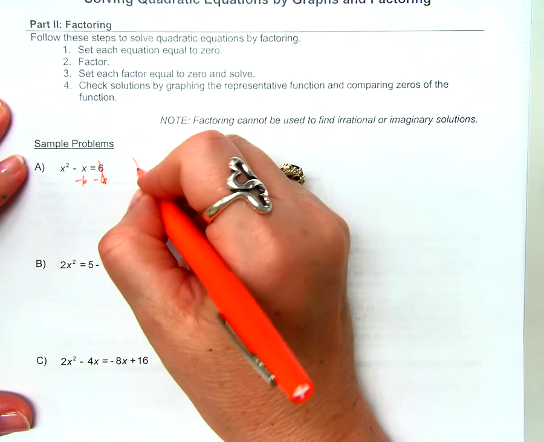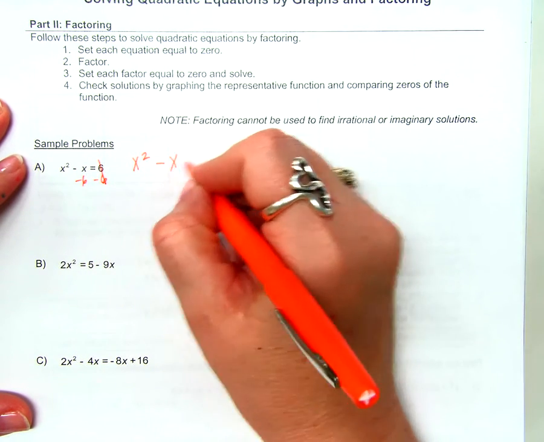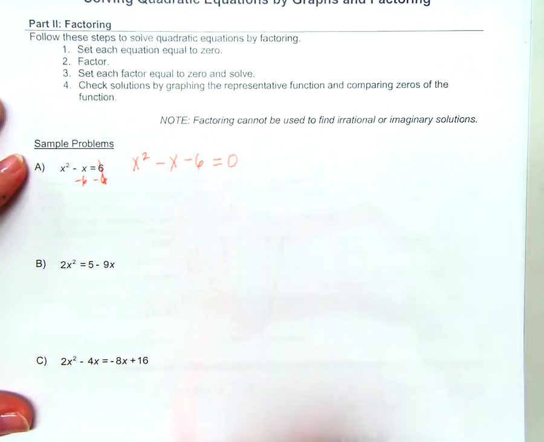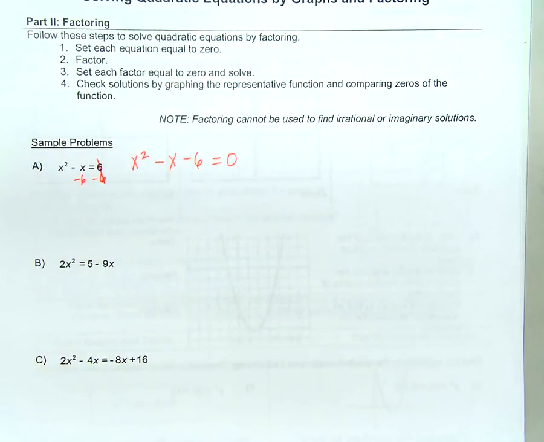And I have x squared minus x minus 6 equals 0. Okay? So now is the equation equal to 0? Is my first step complete? Yes. Now I have to do step number 2, which is factor.